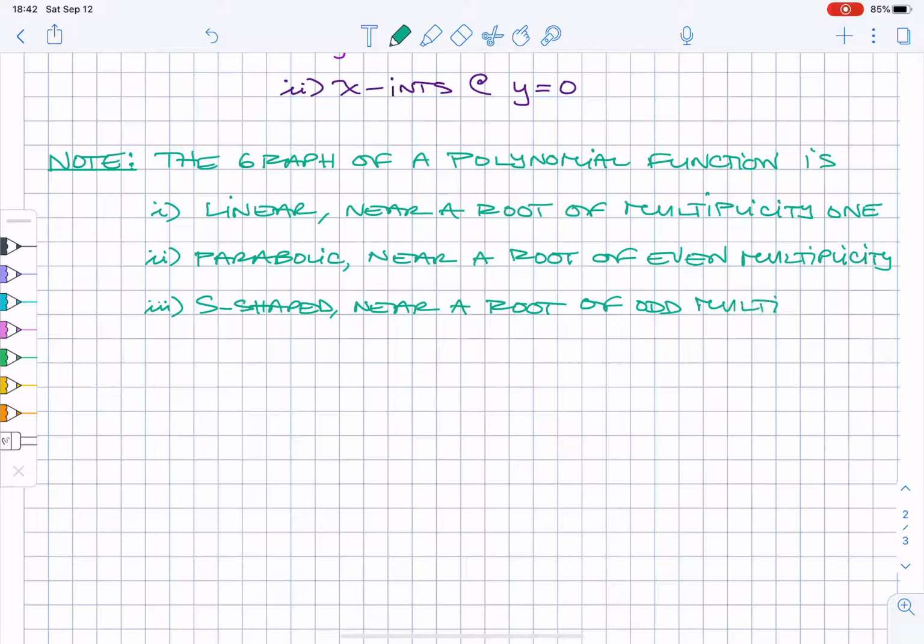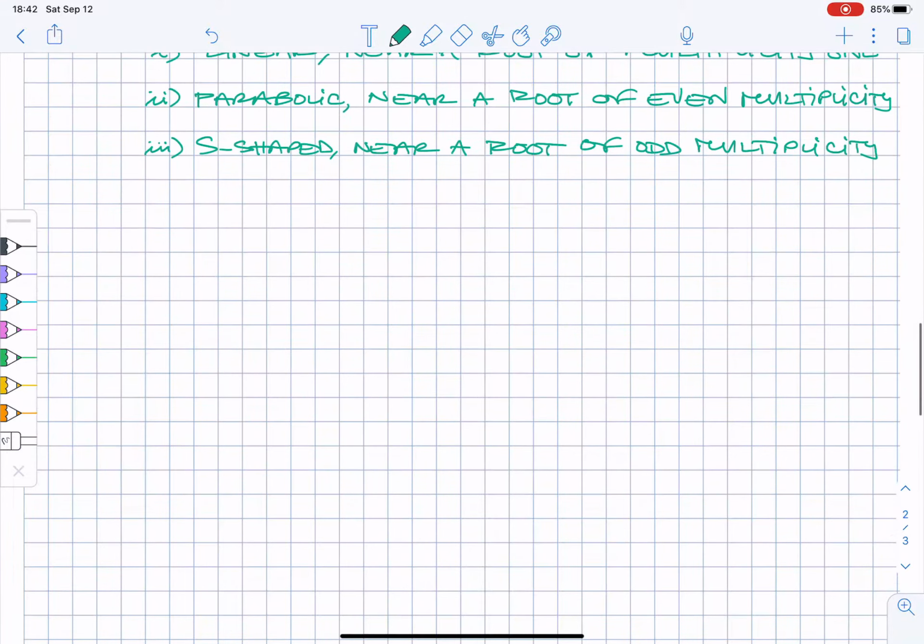So what do I mean by that? Well, let me show you. So for example, plot the following polynomial functions.